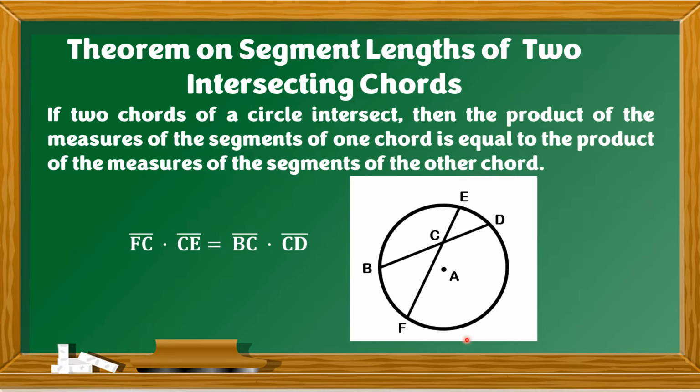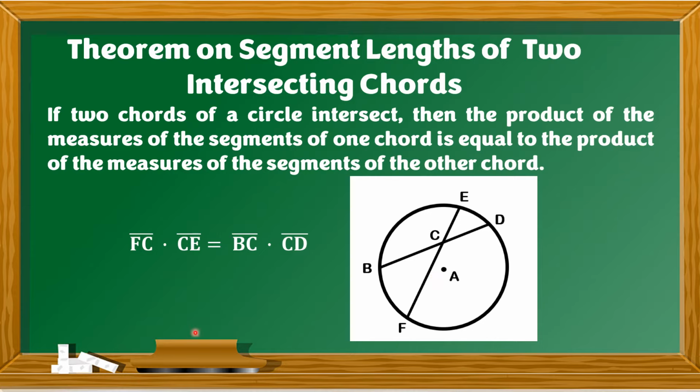Let us consider circle A. So this is now circle A, and the two chords of circle A are line segment BD and line segment FE. And the point of intersection between the two chords is point C. If you look at the illustration, line segment BD is divided into two segments, while line segment FE is also divided into two segments.